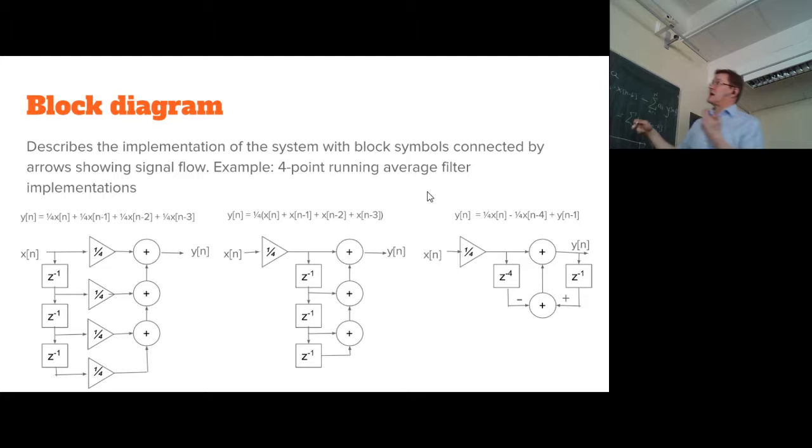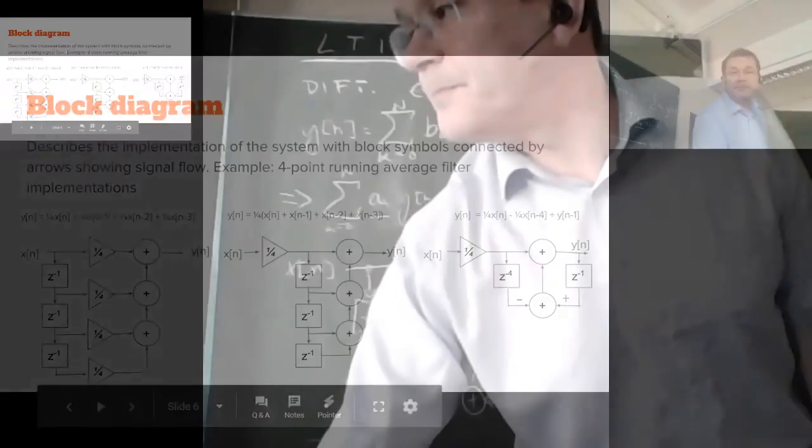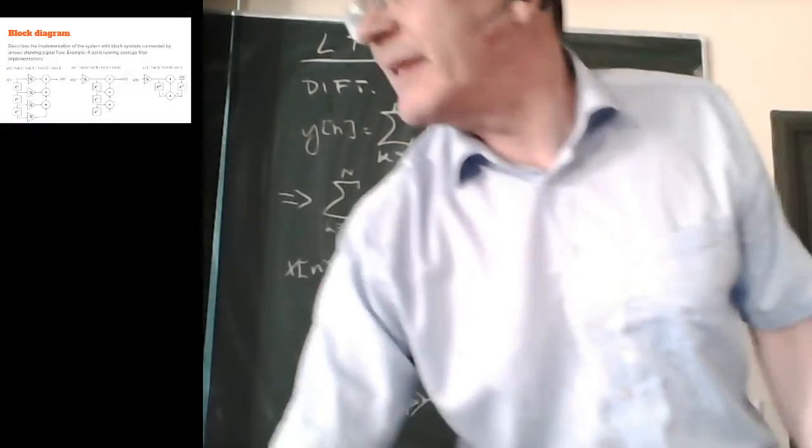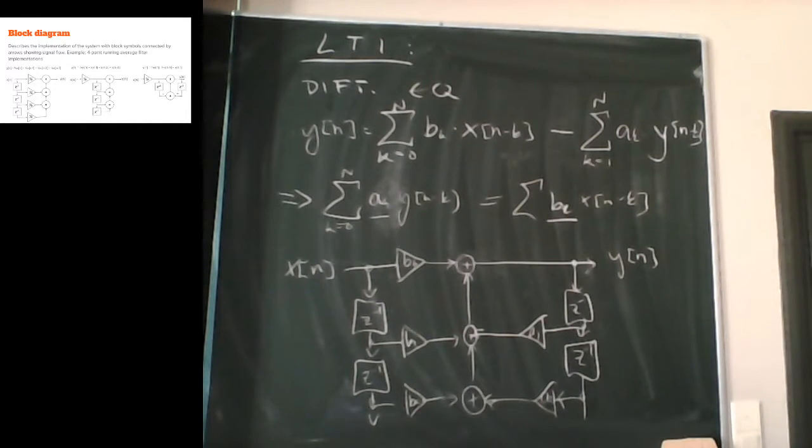So in the exercises, you will have a flow diagram, and then you need to figure out what the difference equation is. Okay, after the difference equation, just a moment, I'll see if I have a better view here. No. Well, maybe that one. Okay.